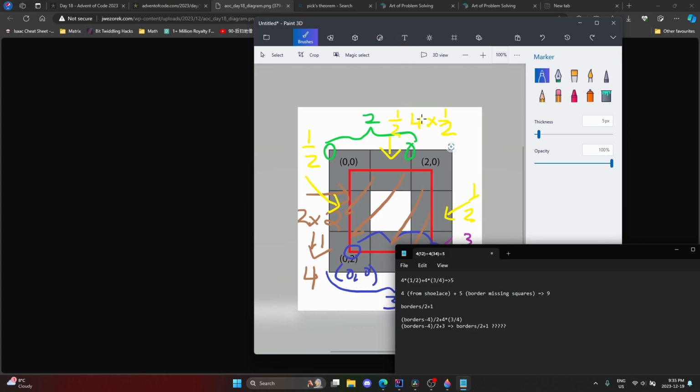Yes, okay. So from these four squares, you get two pairs, right? Two pairs.